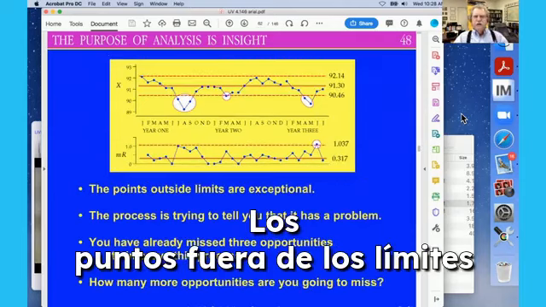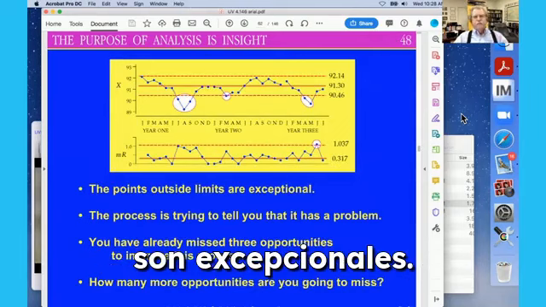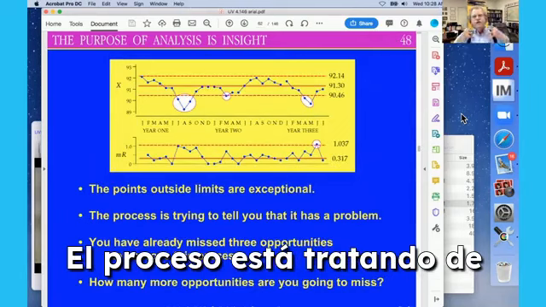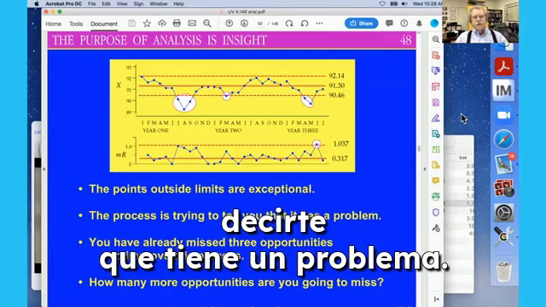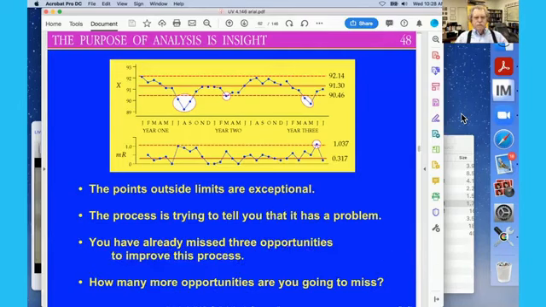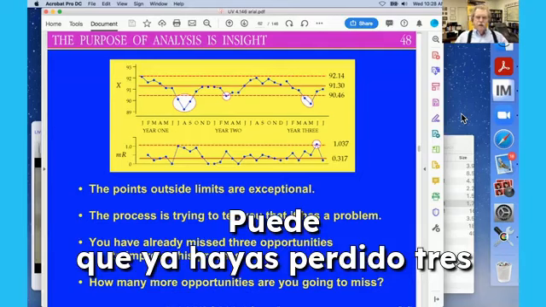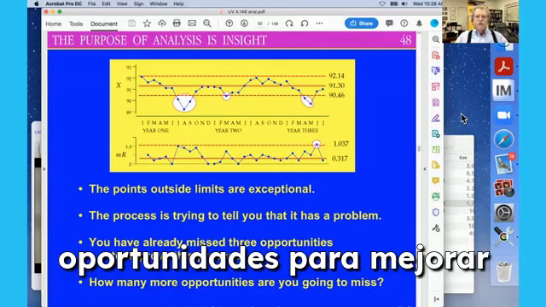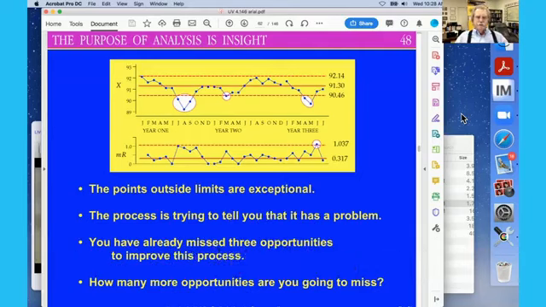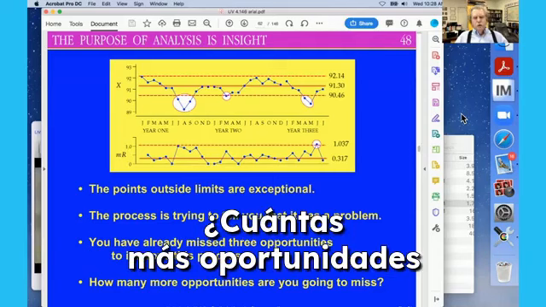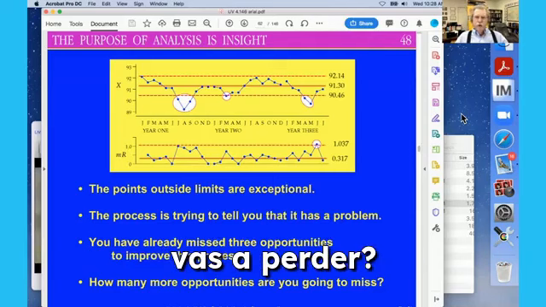The points outside the limits are exceptional. The process is trying to tell you that it has a problem. You may have already missed 3 opportunities to improve the process. How many more opportunities are you going to miss?